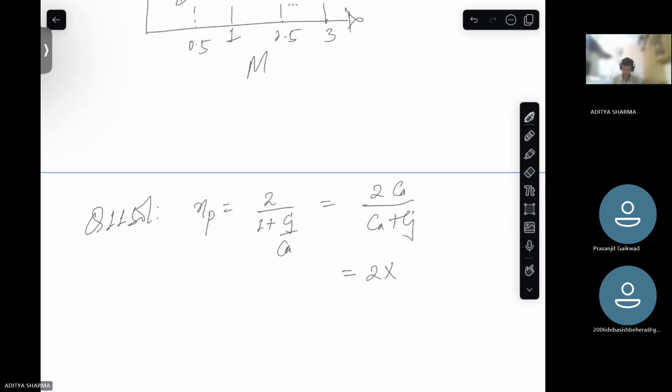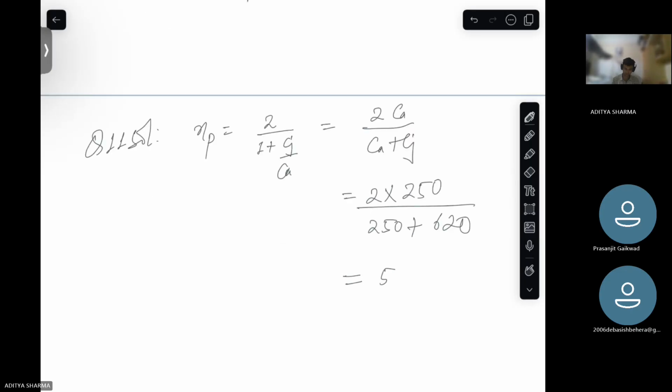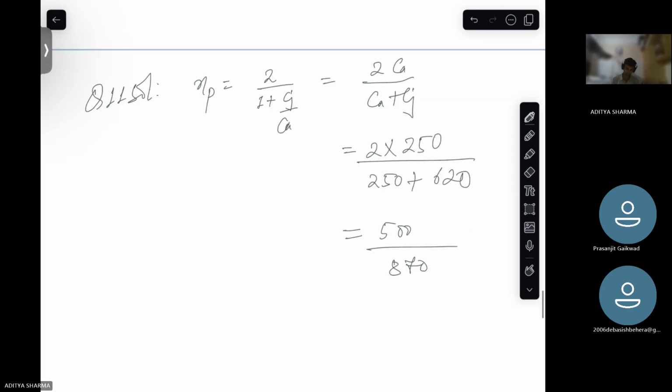So if you place the values, it comes out to be 0.57. Alright.